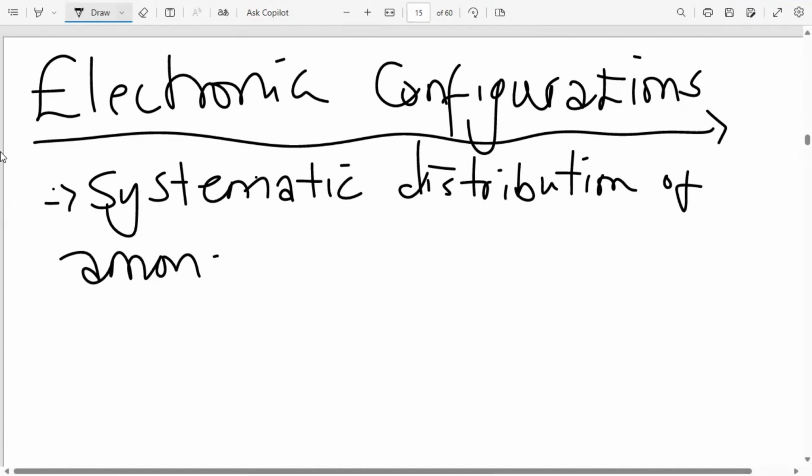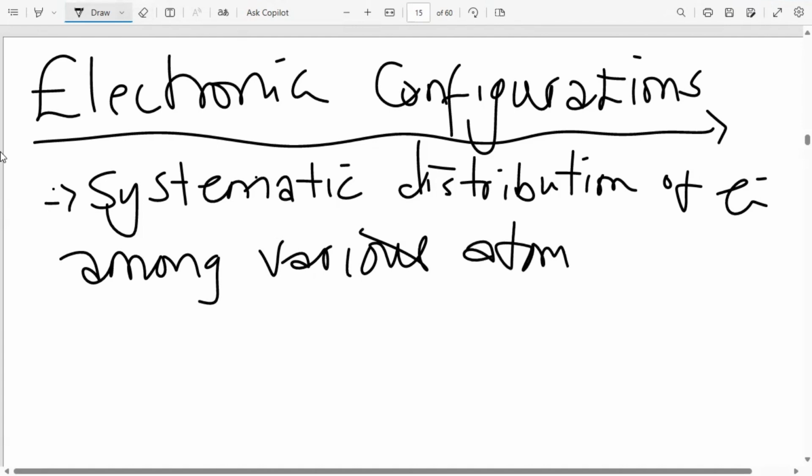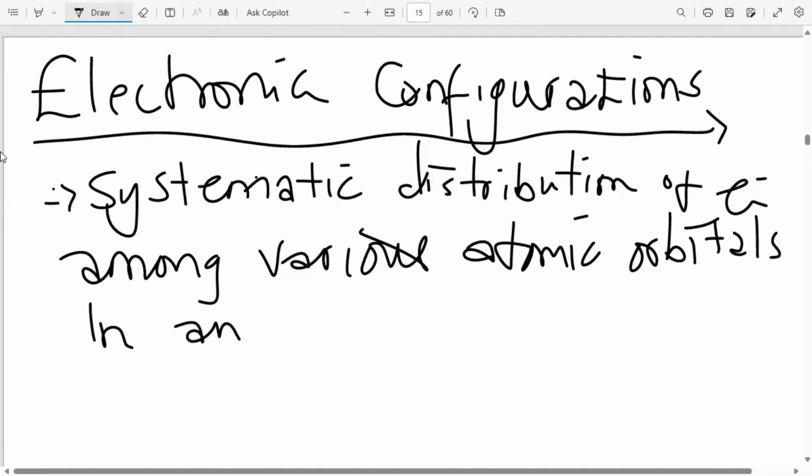Since electrons are negatively charged, I'll put a negative there. The systematic distribution of electrons among the various atomic orbitals in an atom.